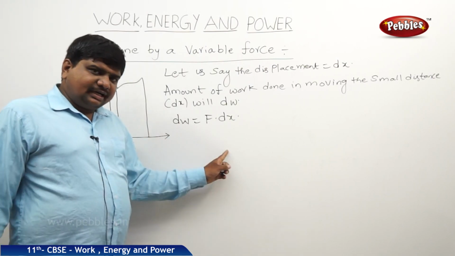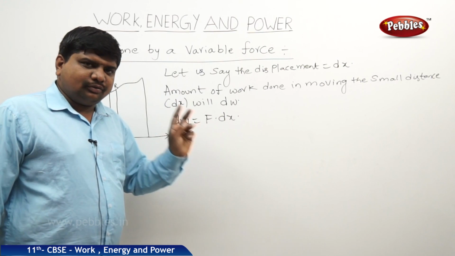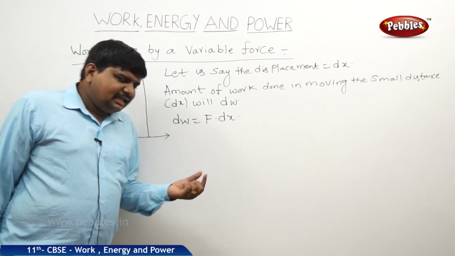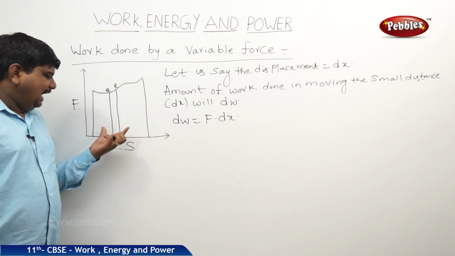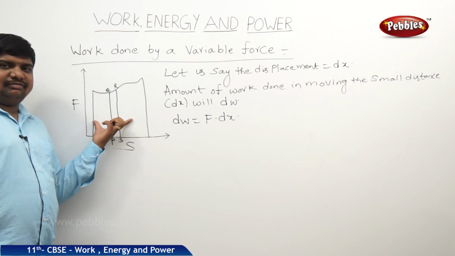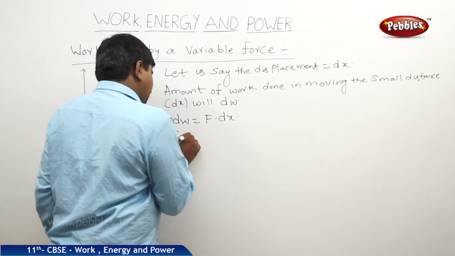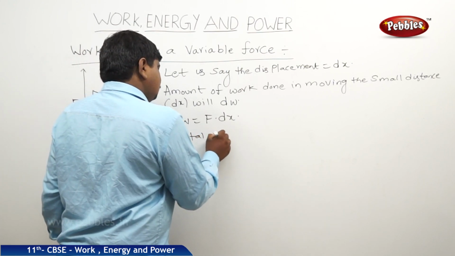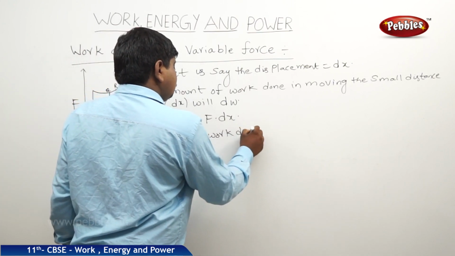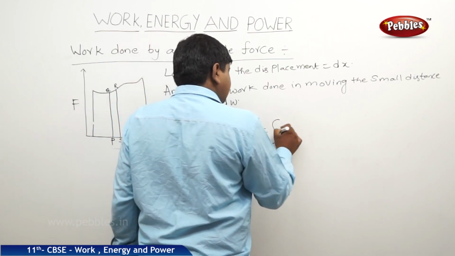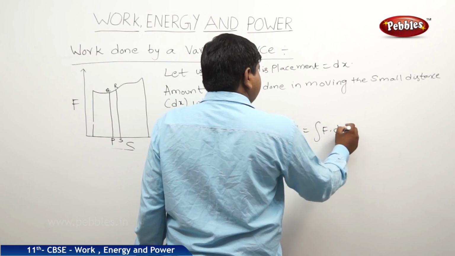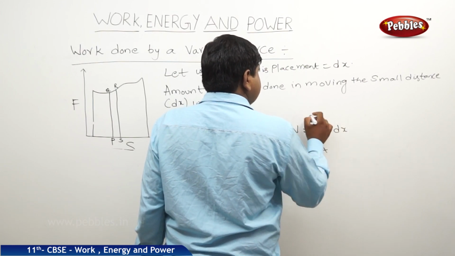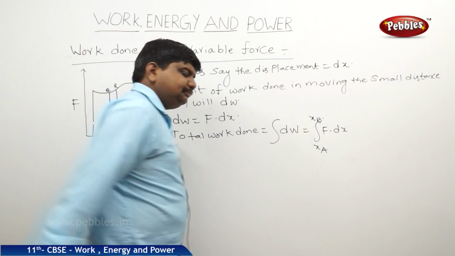So total work done will be obtained by integrating on both sides, where differentiation is taking a small element from a big one, and integration is extending the small one to the bigger one. So total work done is equal to integral dW is equal to integral F dot dx, where positions are xa to xb.